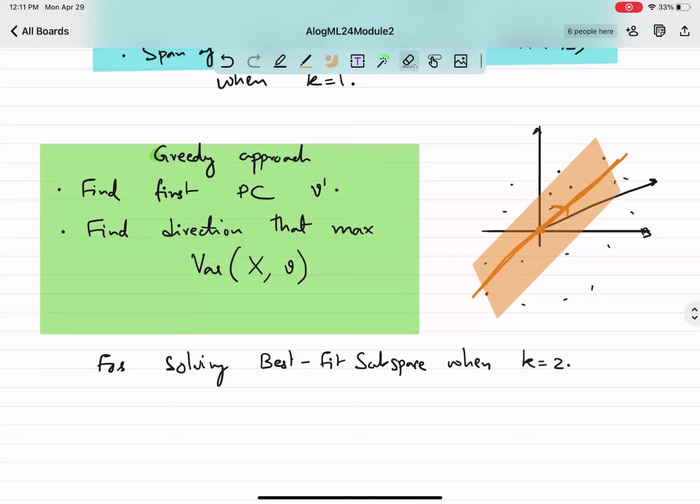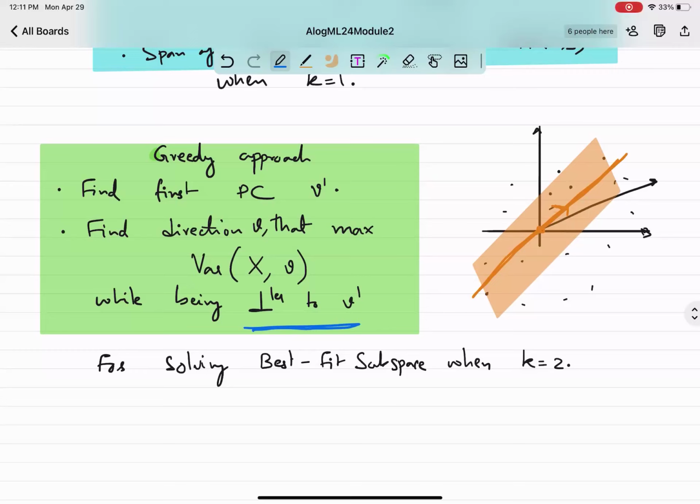I can say: find direction v that maximizes this, while being perpendicular to v1. We can enforce that either as a constraint, or we can add it as a regularization.